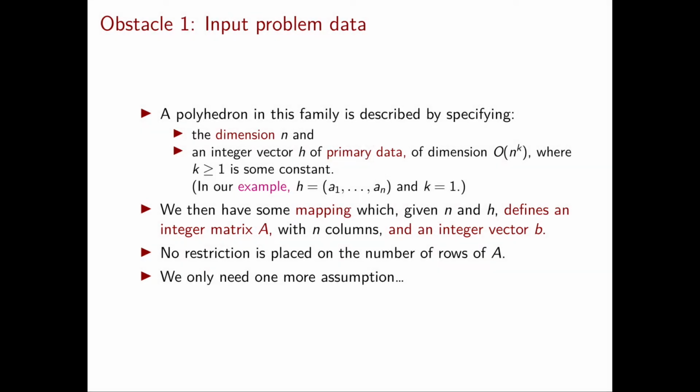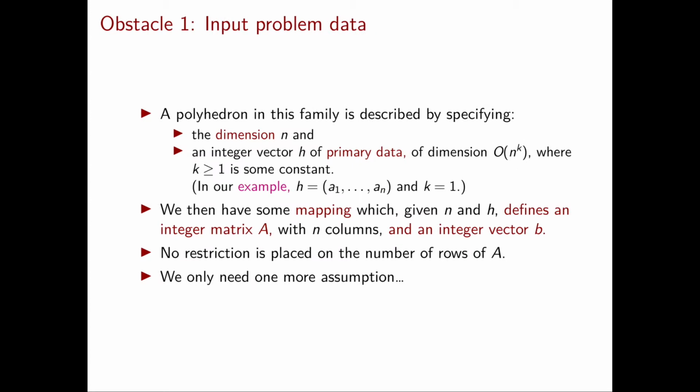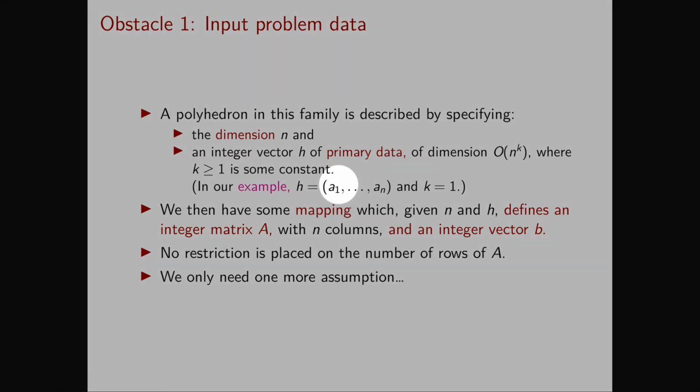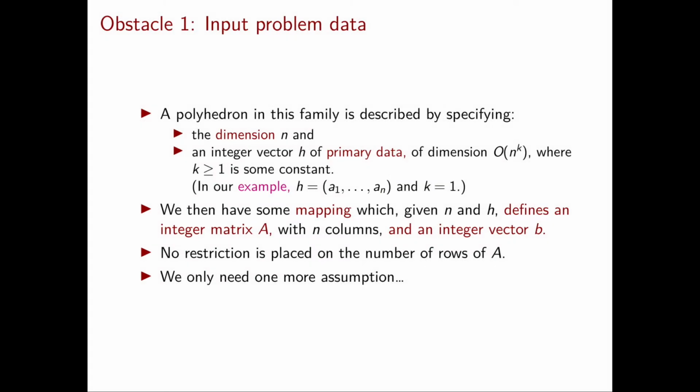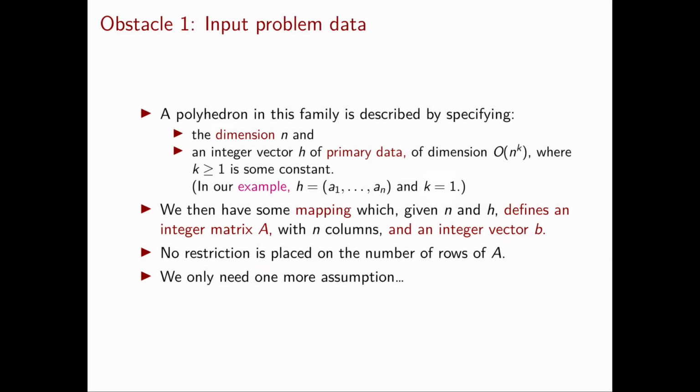This integer vector must be polynomially small. That is, it must be of dimension big O of n to the k, where k is just a constant. In the example that we have just seen, our vector of primary data consists of all the coefficients a_1 until a_n. So this vector has only n entries, and so we have k equal to 1.